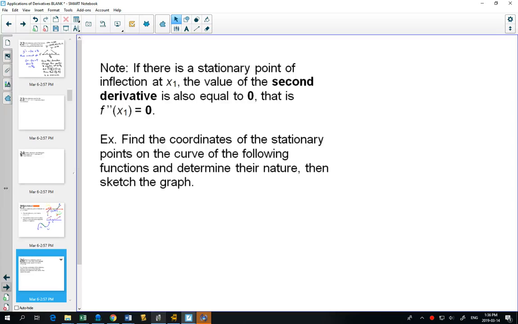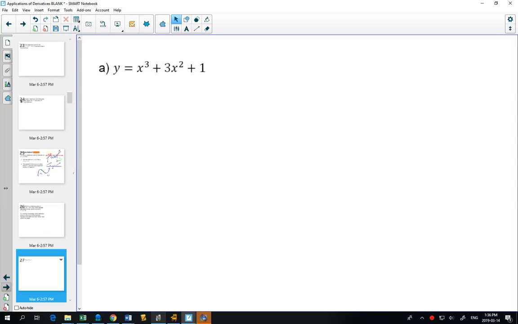So we're going to look at the following graphs and sketch them and talk about all their stationary points. And the exciting thing about these ones is that they are ones that you couldn't do well otherwise. x cubed plus 3x squared plus 1. Well, if we want to find any maximum, minimums, or stationary points of inflection, we're going to use our first derivative test.